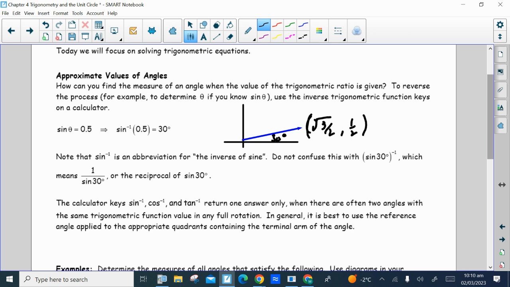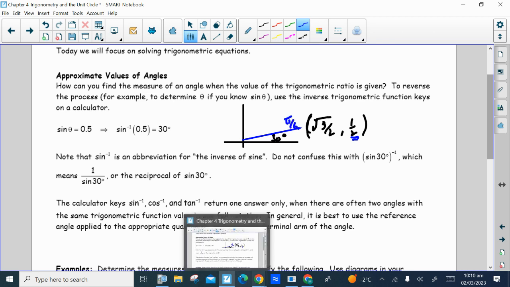If the sine of theta equals 0.5, that's right there. If you work backwards, that means the angle theta is 30 degrees. Okay? But we also know that angle of 30 degrees could also be written as pi over 6 radians.